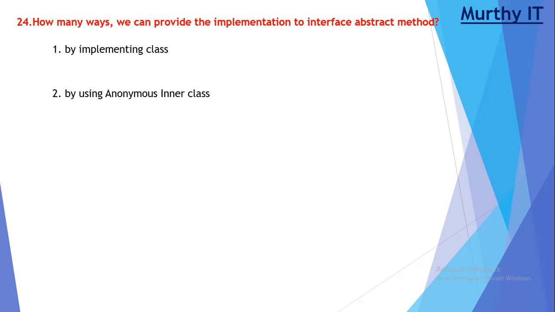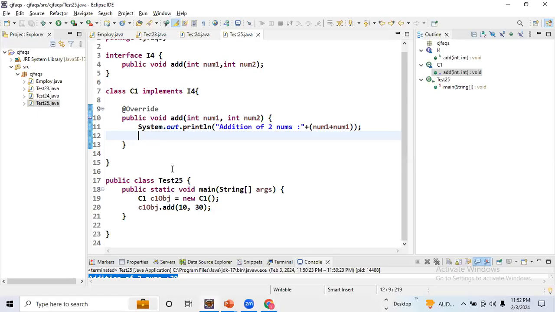Declaration and object definition happen at the same time. That's why it is a nameless inner class and only one object is created for it.